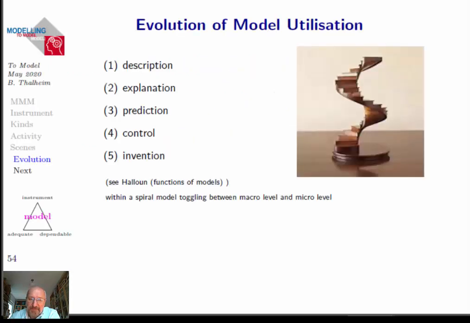A model can be based as or developed as a description model, later used as an explanation model, or as a prediction model, or as a control model, or as an invention model. In this case, we have something like this spiral meta model toggling between macro and micro levels and going up and down for the model development.